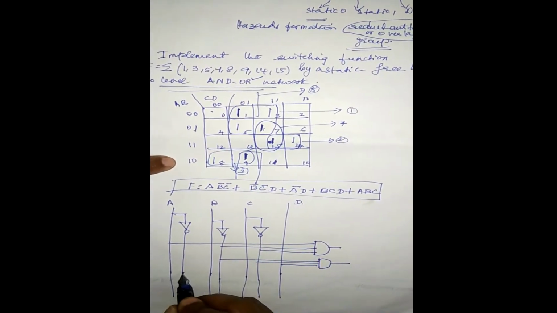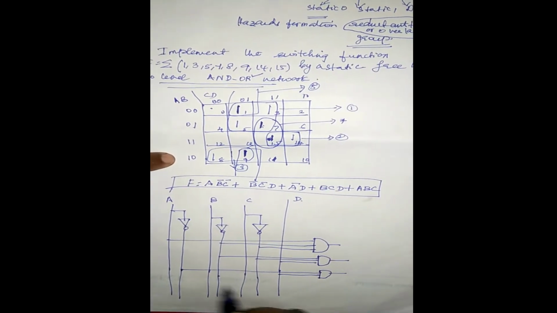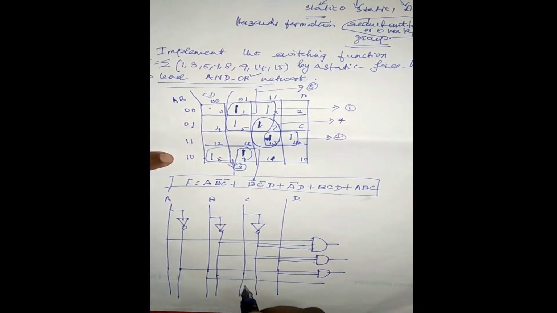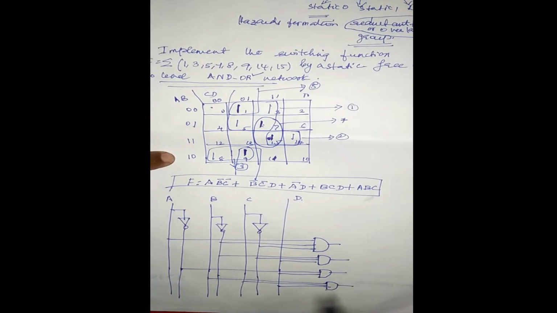Next is A bar D, my third AND gate. B, C, D is my fourth AND gate.